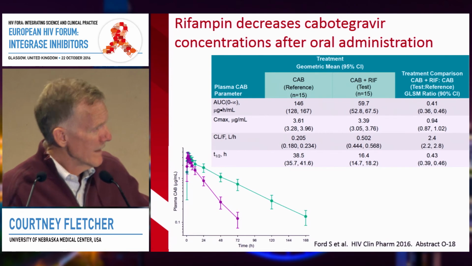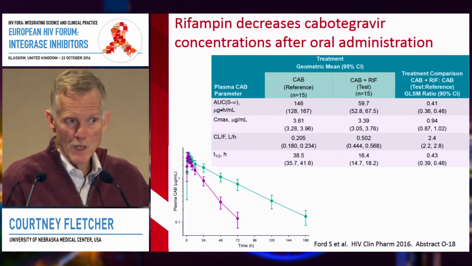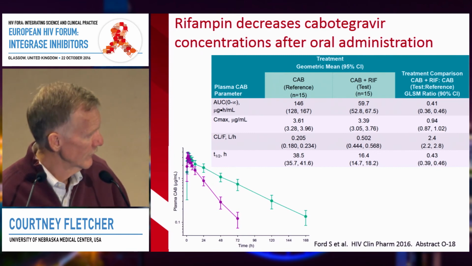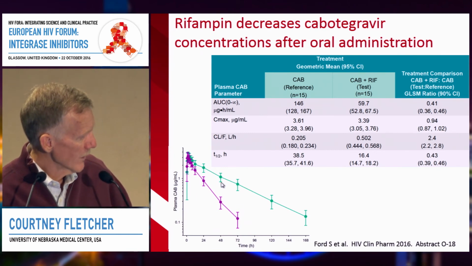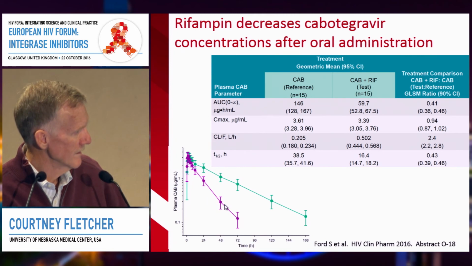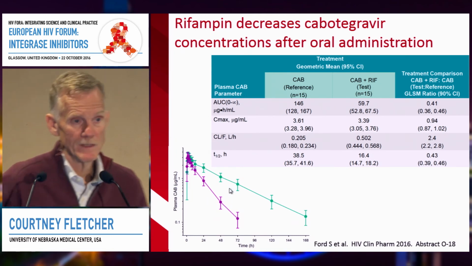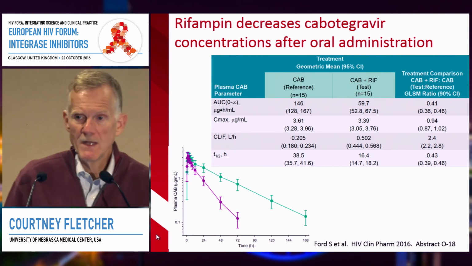So here's a study, for example, with cabotegravir with rifampin. Rifampin is one of the most potent enzyme inducers we have. When cabotegravir is given orally, you see the concentrations in the green line. When it's given orally with rifampin, you see the concentrations in the blue line, so decreasing area under the curve by a little bit more than half.